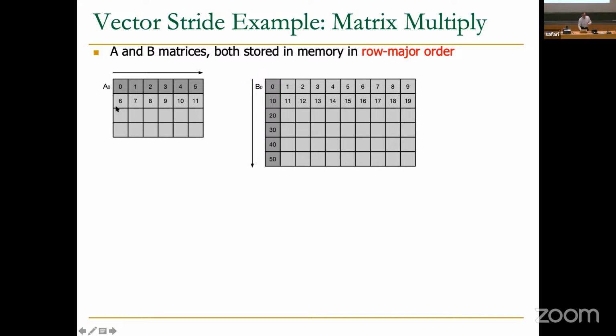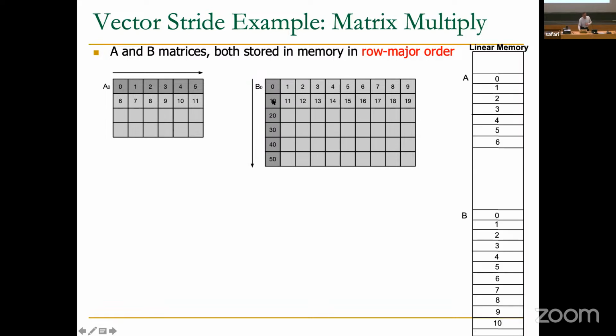And then the first element in the next row starts from location offset 6. And if you look at matrix B, the first row is very similar. It has 10 elements in a row, and they're stored in consecutive order. The next row starts from offset 10. So clearly, this is what they look like, basically.